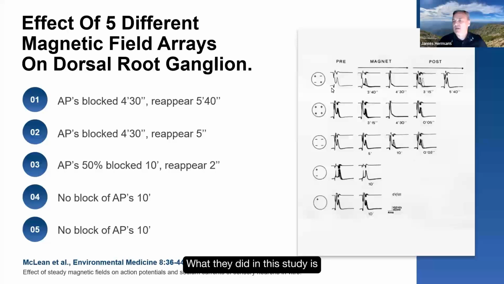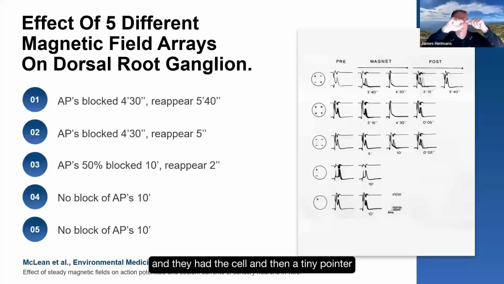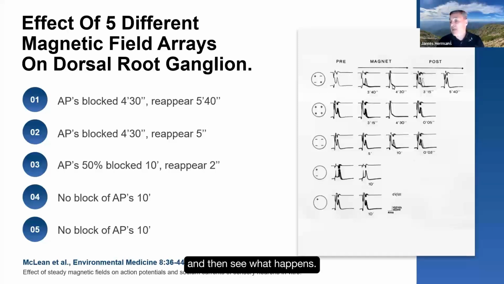And what they did in this study is they harvested a dorsal root ganglion and set it up in a microscope, and had a tiny little pointer, and with a little bit of mechanical stimulation that would stimulate an action potential on the cell, and then expose that cell to different designs of static magnets, and then see what happens.